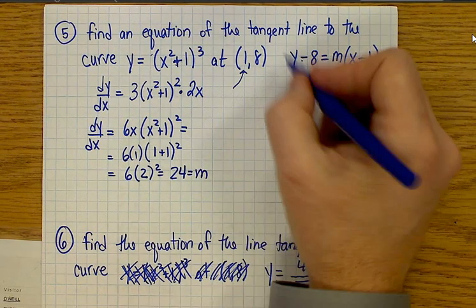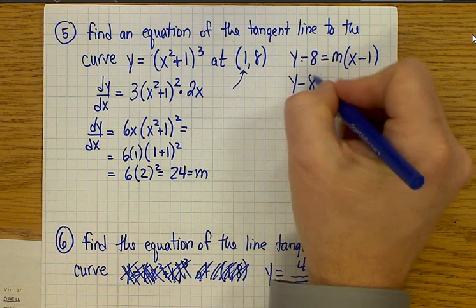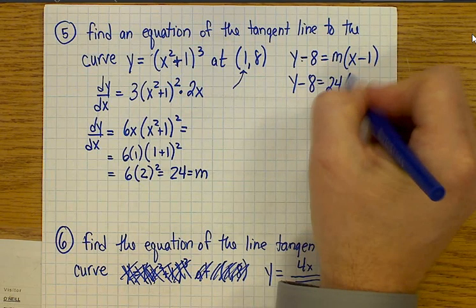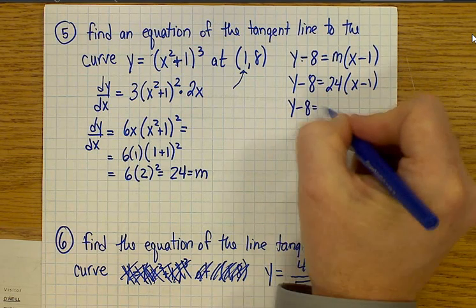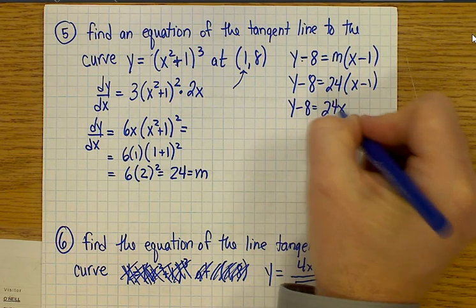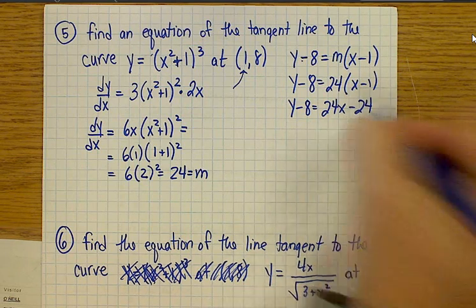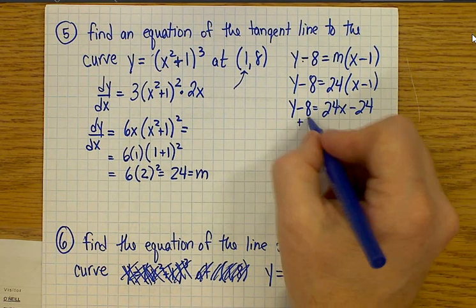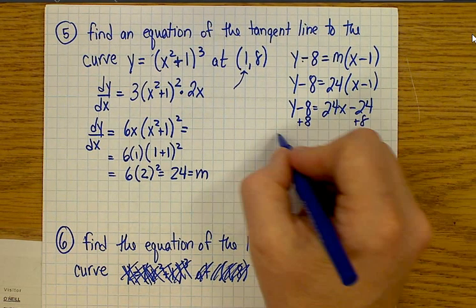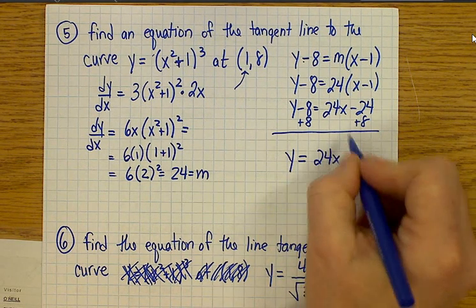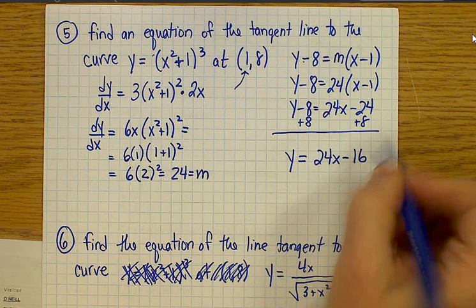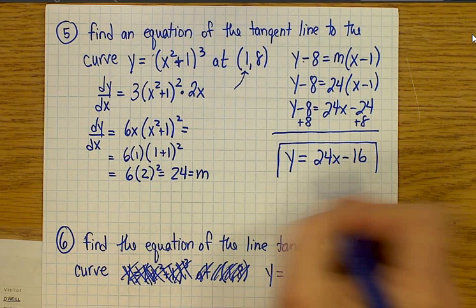I bring it up here, y minus 8 is equal to 24 times x minus 1. Y minus 8 is equal to 24x minus 24. Distributing the 24 through, adding 8, I get y is equal to 24x minus 16. Final answer.